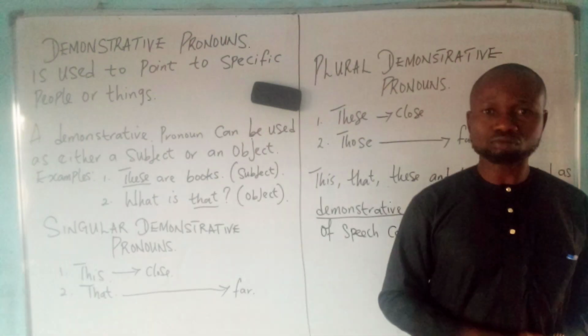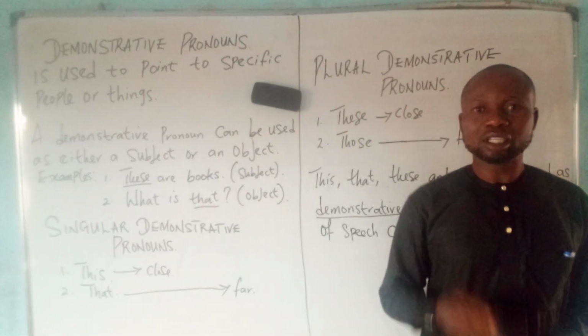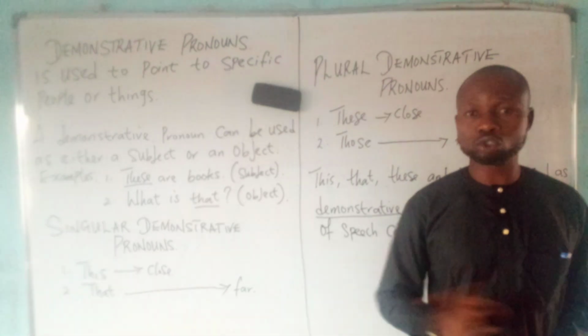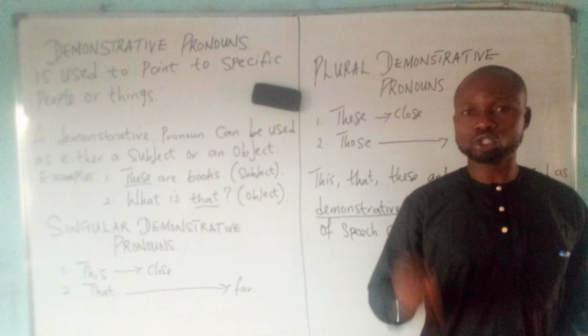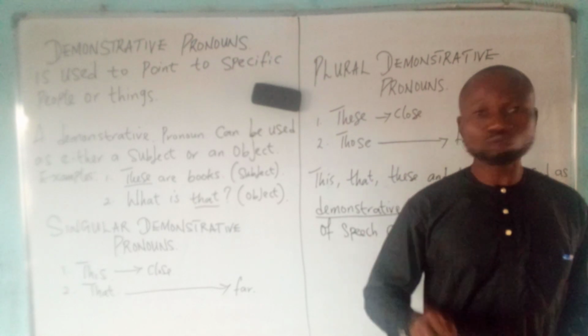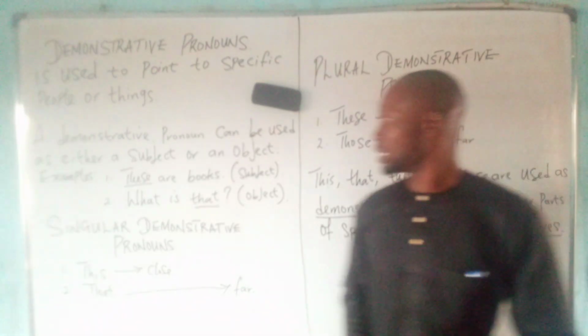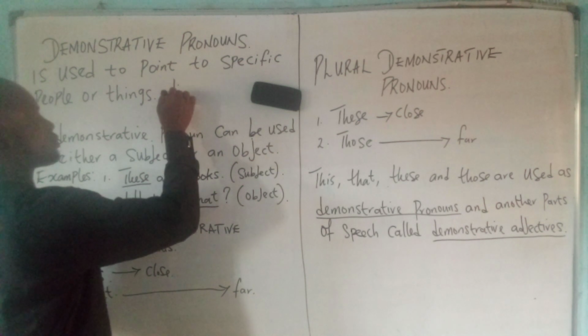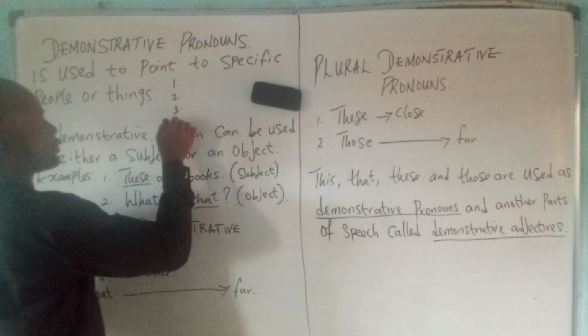But without taking much of your time, demonstrative pronouns are only four. We are going to discuss the four today. I will show you that inside the four, two are singular, two are plural. So let me quickly sum them up here. We have 1, 2, 3, 4.